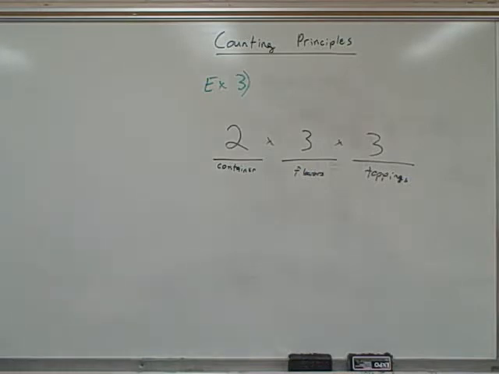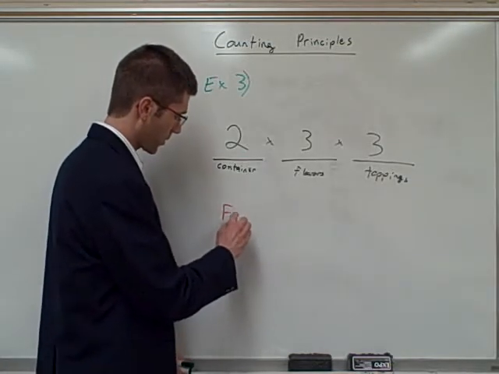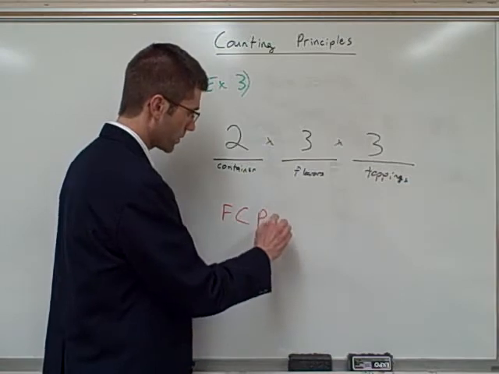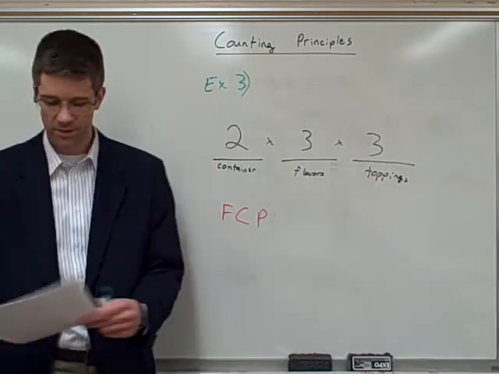That leads us to our first definition. And the first definition is the fundamental counting principle. And it says so on your paper. I'm going to abbreviate it, fundamental counting principle. Let me give you as precise a definition as I believe is necessary for this.